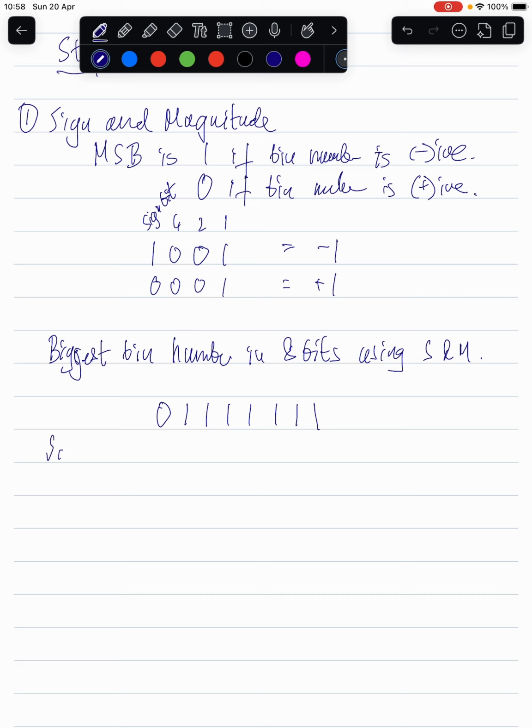The smallest is going to be a negative here, and then all ones. Again, 1, 2, 3, 4, 5, 6, 7. Okay?